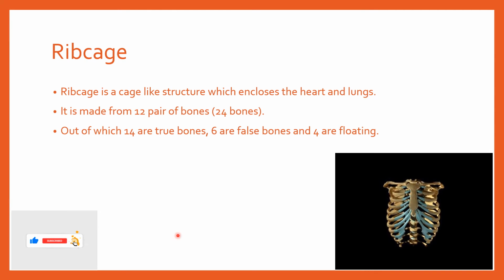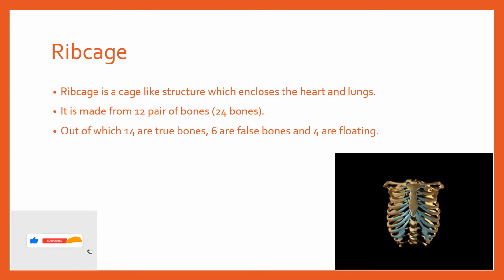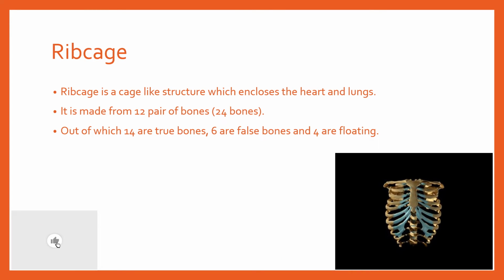So I will show you where the breastbone is. This is the breastbone while this is the backbone. The ribs are thin and flat. Out of which 14 are true bones, 6 are false bones and 4 are floating bones.